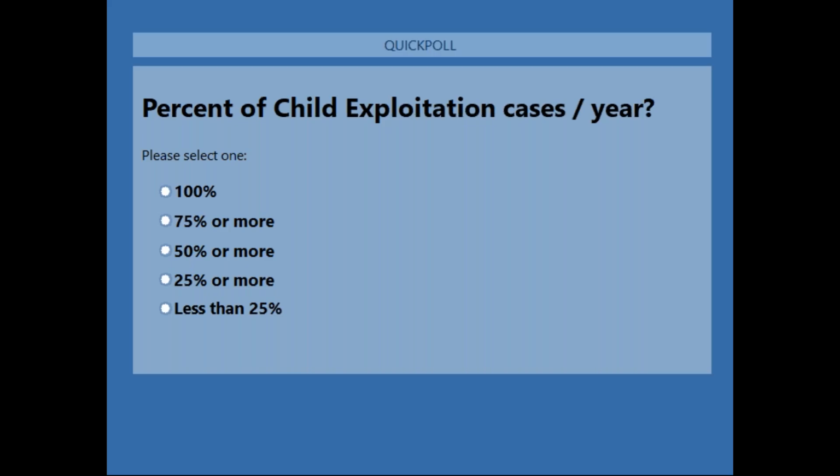All right. We got about 40% less than 25%. You got about 30% of you that's 75% or more, which is where I used to be, and about 17% with 50% or more. And that's about typical. That sounds about right. Again, thank you for the polls.